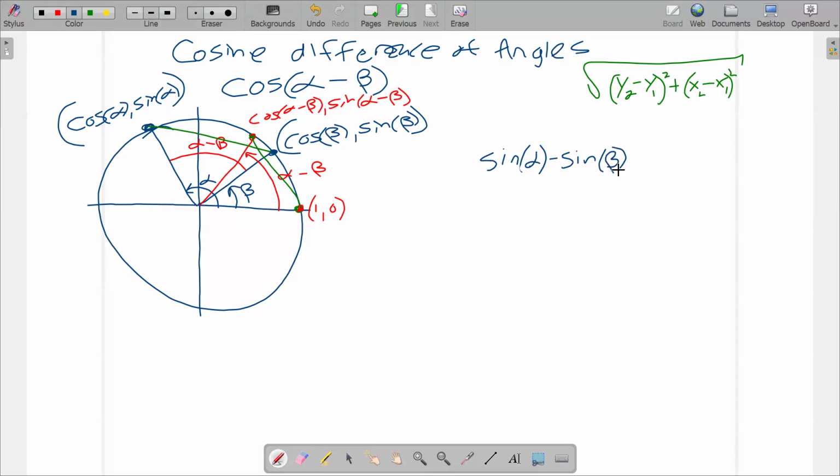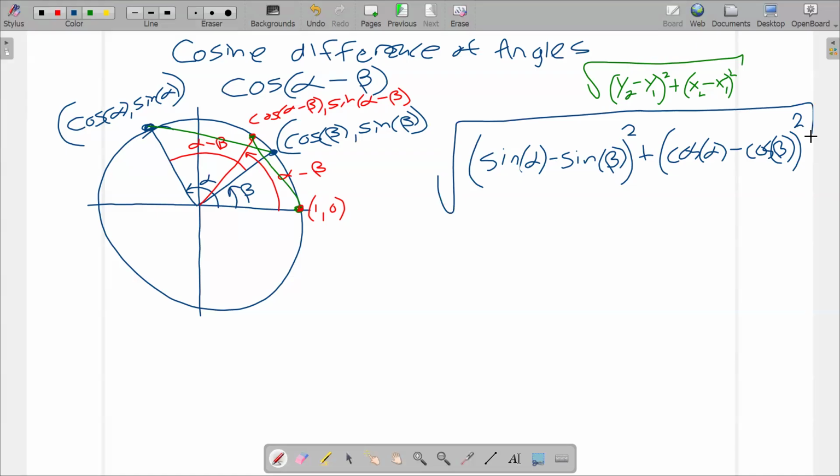That's the difference between the y values, and then I have to square that. Same for the x values. So that would be cosine alpha minus cosine beta, squared, square root. So given an alpha and a beta, I can calculate the length of that first chord.